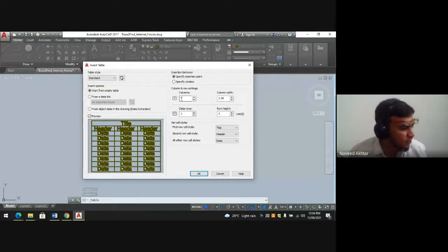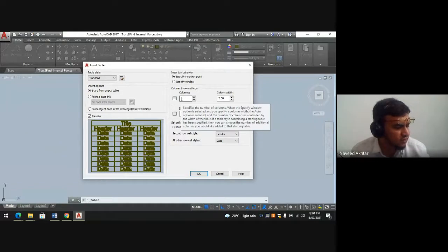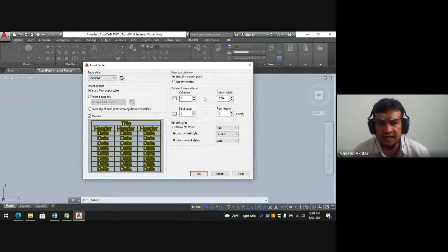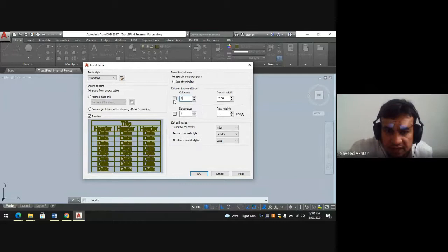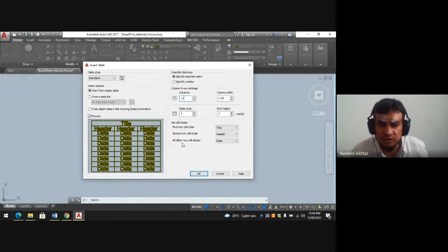The number of columns required: 1, 2, 3, 4, 5, 6, 7, 8, 9, 10, 11. I require 11 columns. And the number of rows required is around 28, counting 1, 2, 3, up to 24, plus 4, 28.